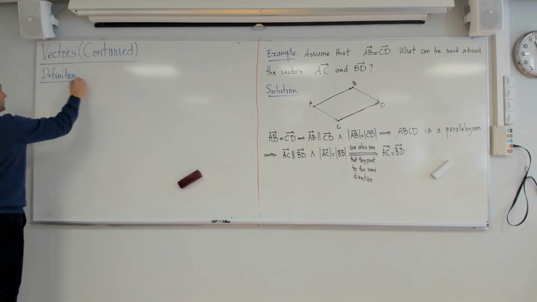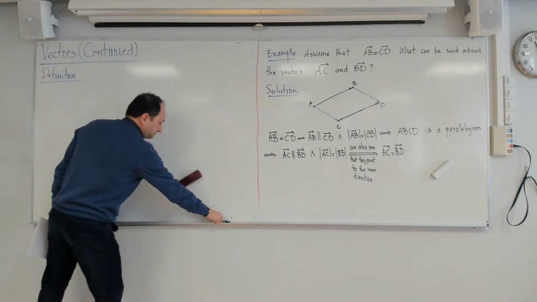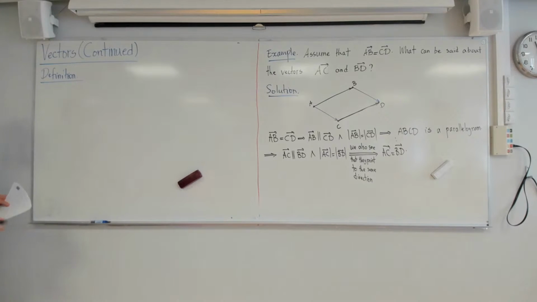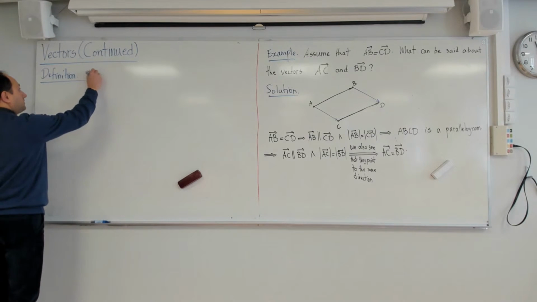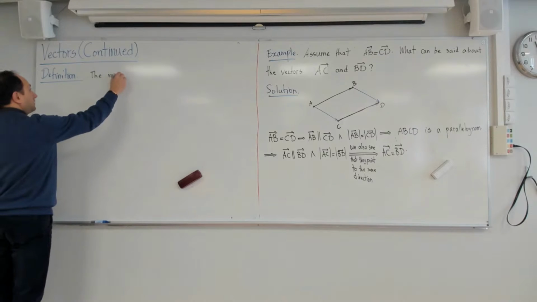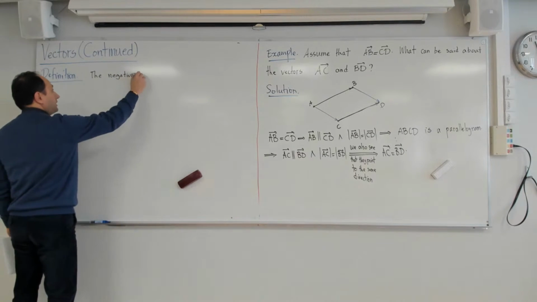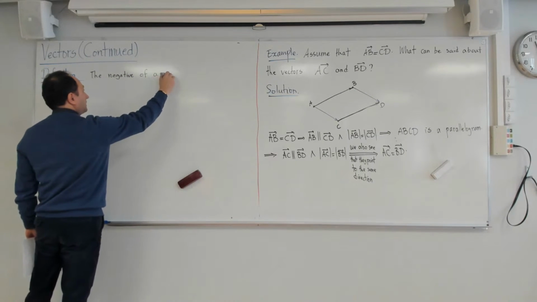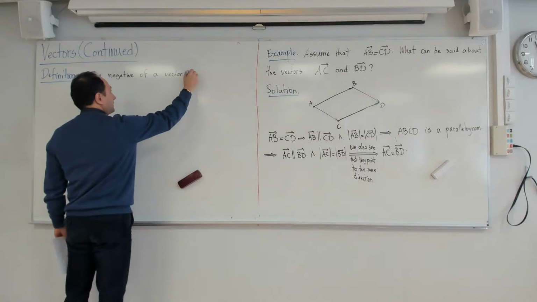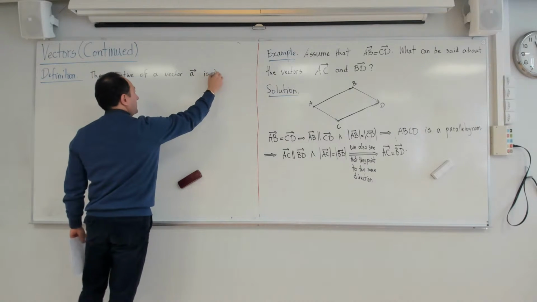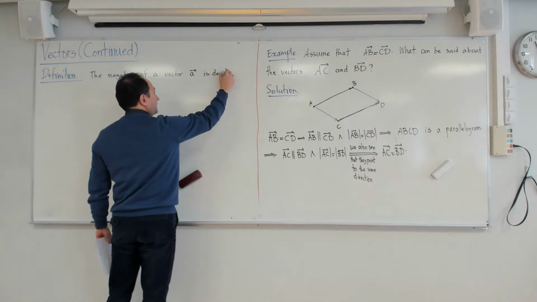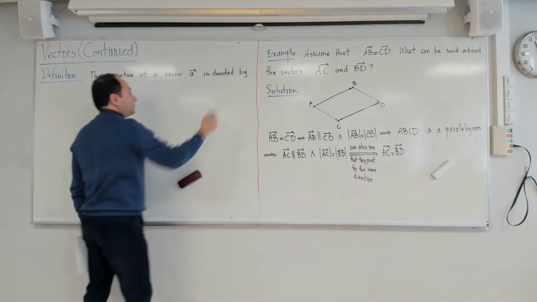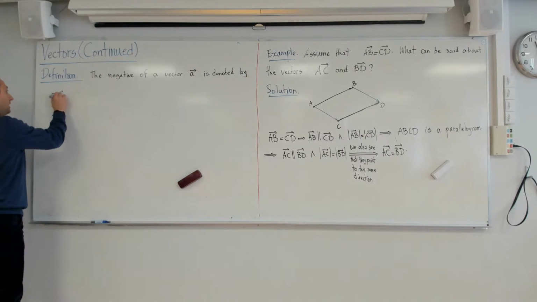This is a very, very simple concept, yes? The negative of a vector A is symbolized by, just as usual, negative A.